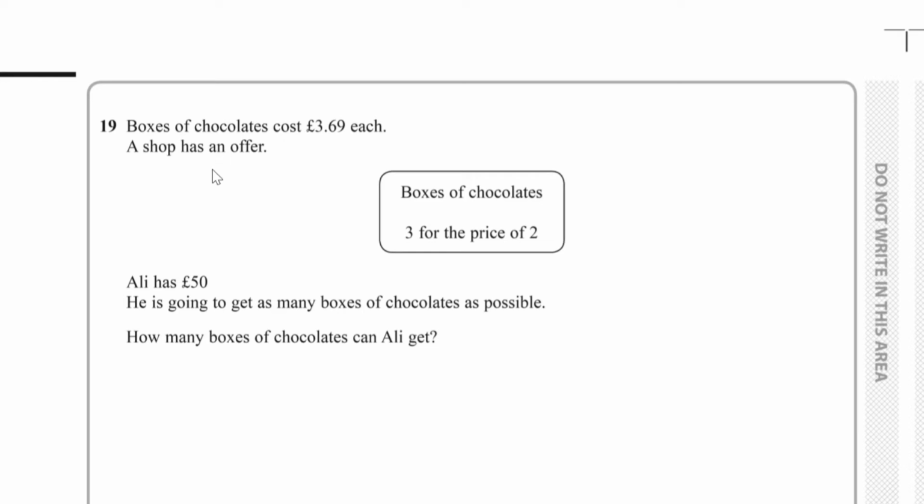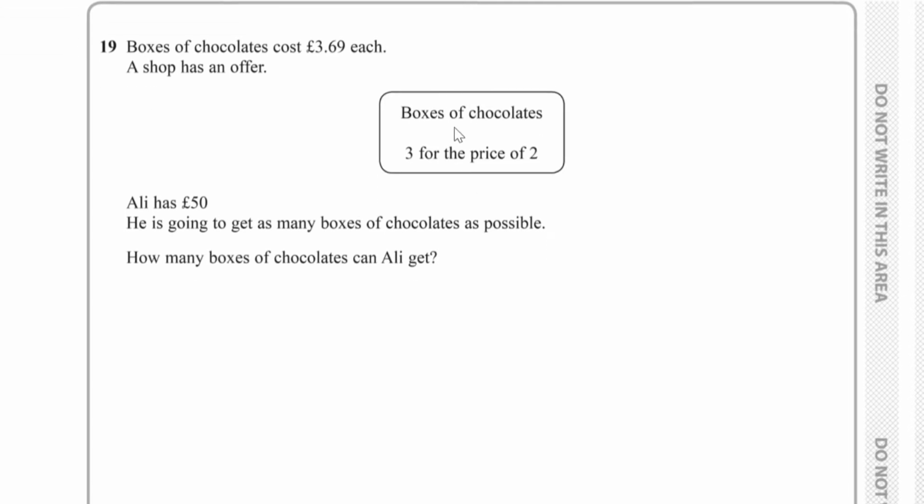Question number 19. Boxes of chocolate cost £3.69 each. The shop has an offer. Boxes of chocolate, we get 3 for the price of 2. Ali has £50. He is going to get as many boxes of chocolate as possible. How many boxes of chocolate can Ali get?